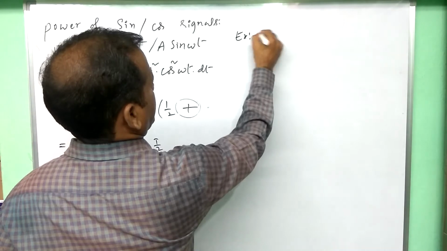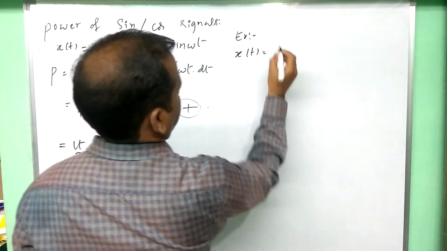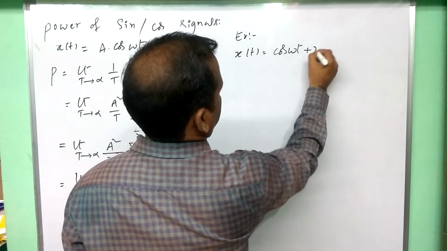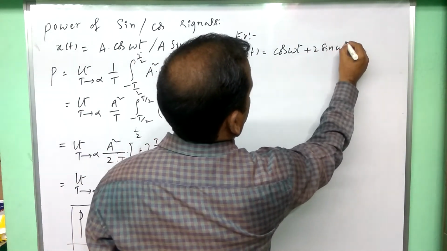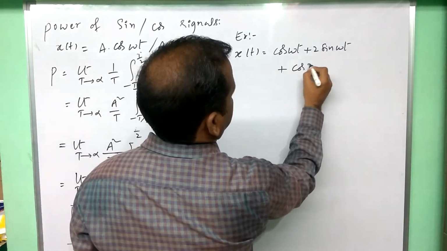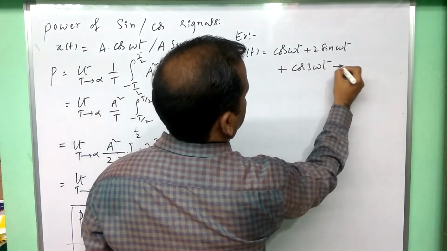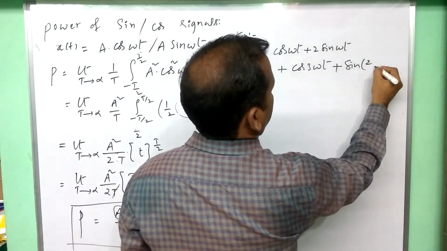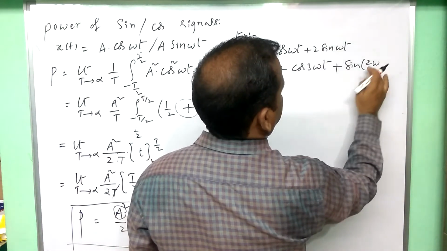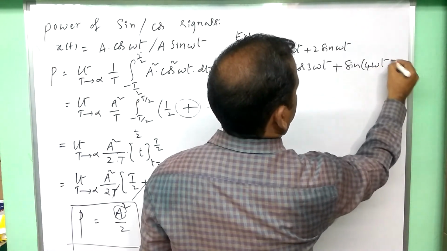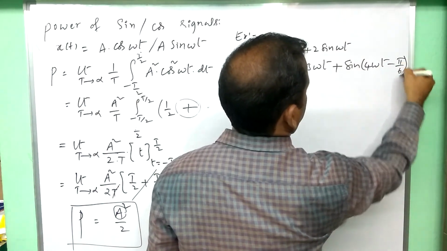Example: x of t is cos omega t plus 2 sin omega t plus cos 3 omega t plus sin 4 omega t minus some phase shift pi by 6.